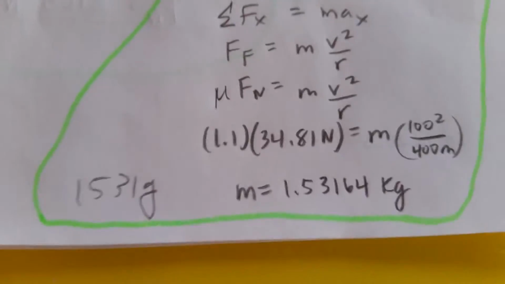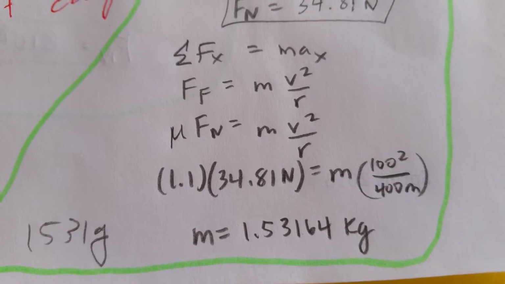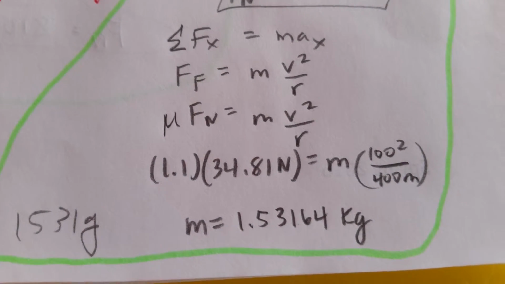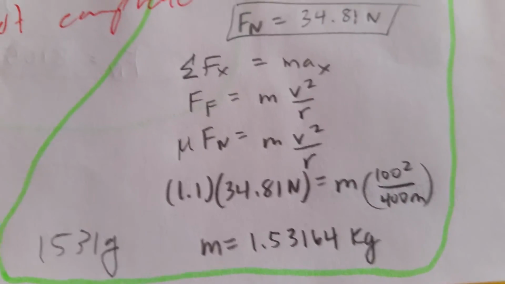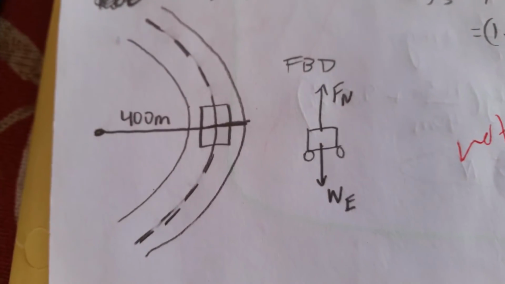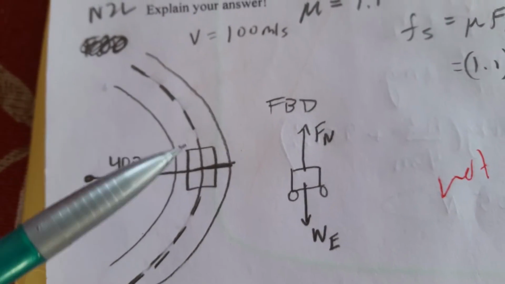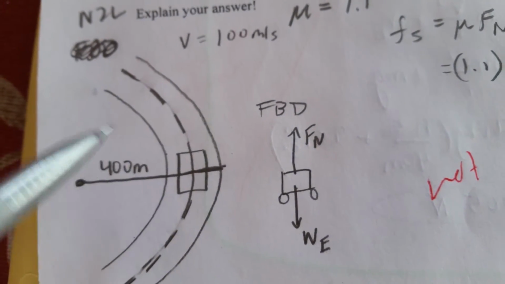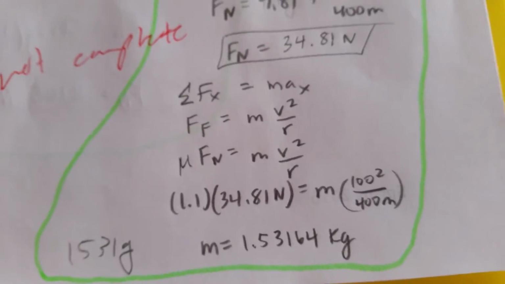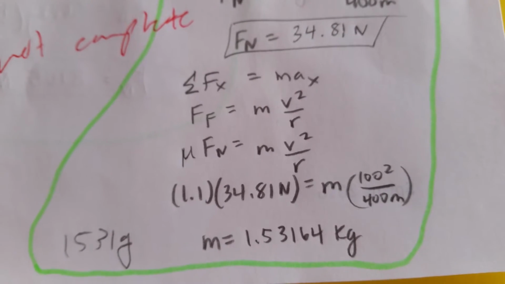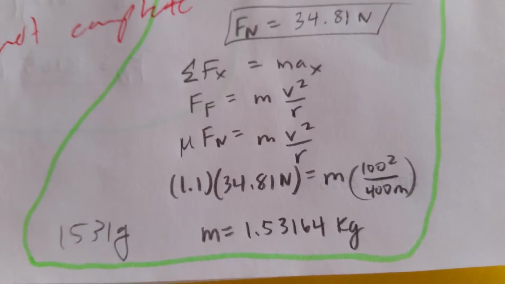So then after that, I did the sum of the forces in the x direction, because you're trying to see if it went into the walls or not. So I wanted to know if it hit the wall, or which wall, or stayed in the center. So we really care about the x direction, so the sum of the forces in the x direction equals mass times acceleration in the x direction.